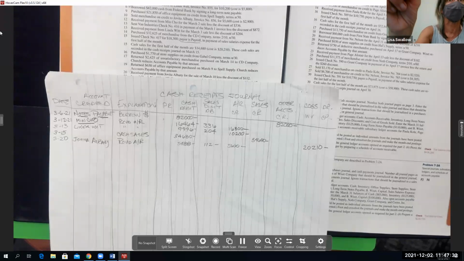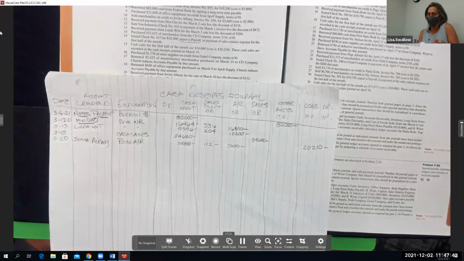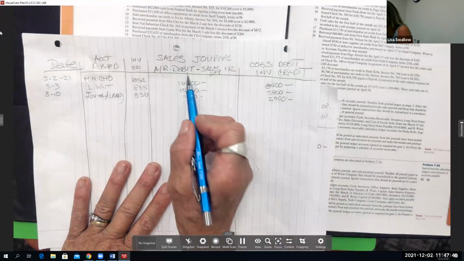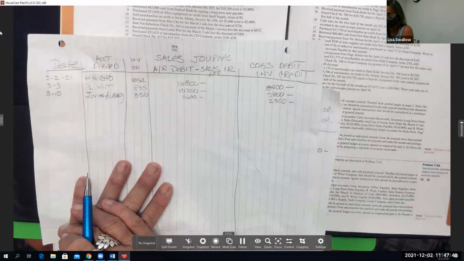We have to tally up. You need to foot and cross foot your cash receipts and cash payments and purchases journal. It does it, and I'll show you the sales journal. You don't really have to do it because the columns are debit credit columns, aren't they?